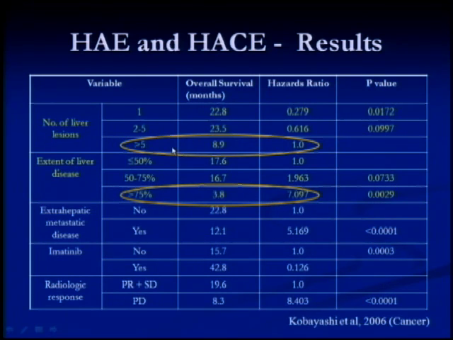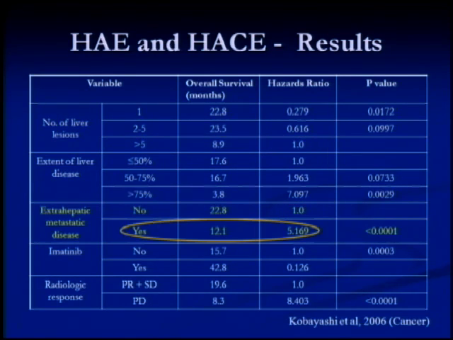But if you have more than 4 lesions, or if more than 75% of your liver is involved, then the survival is not that high. So up to 5 lesions and less than 75% liver involvement is a higher chance of response and survival.